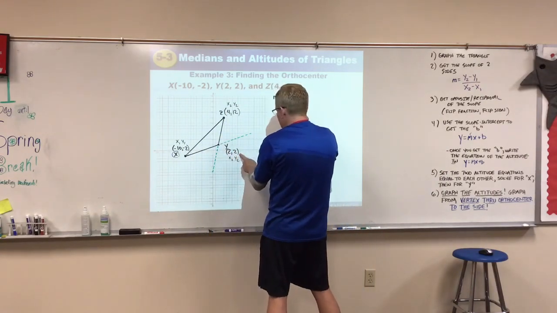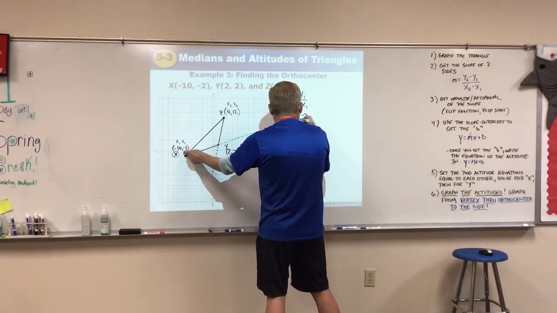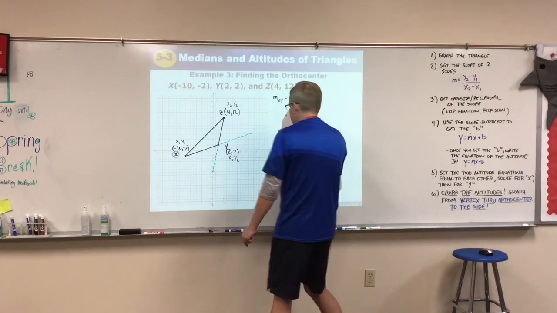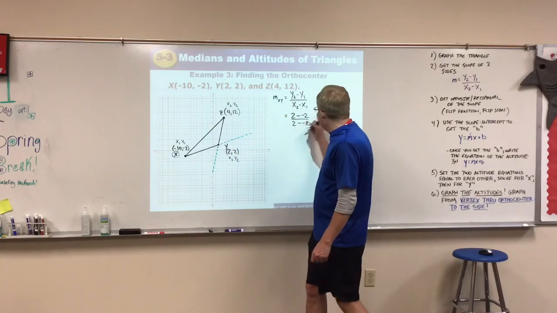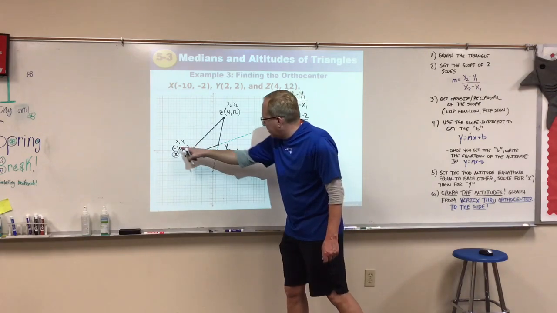y2 is 2 minus negative 2 all over 2 minus negative 10. This is not 2 minus 2, this is 2 minus negative 2, and it's also 2 minus negative 10.